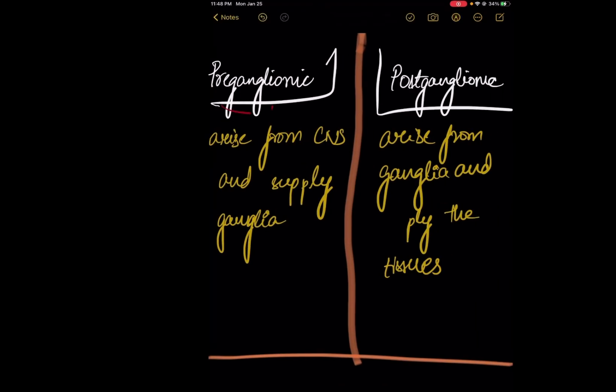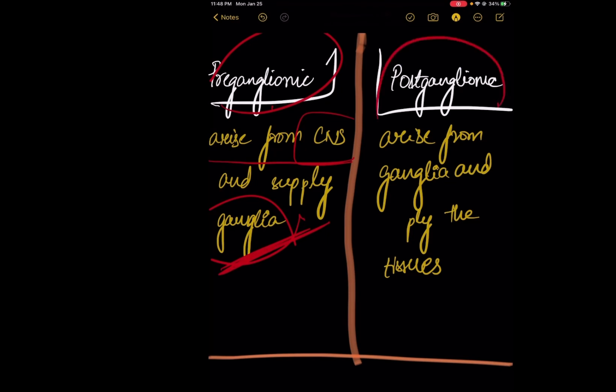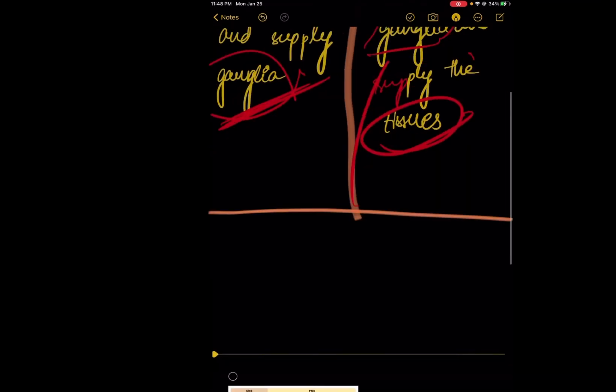Preganglionic neurons arise from the CNS and supply ganglia, and postganglionic neurons arise from the ganglia and supply tissues. Okay, here I have one picture also.